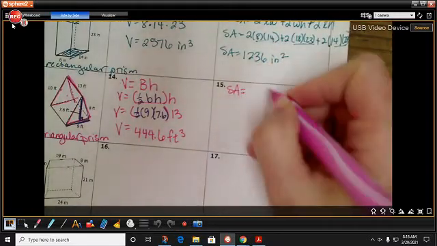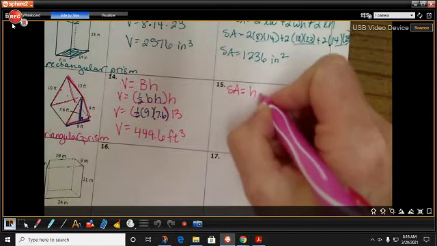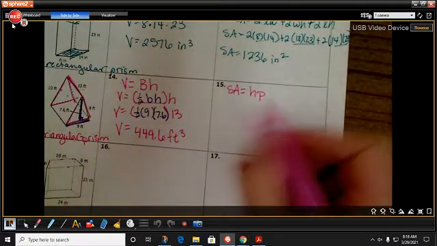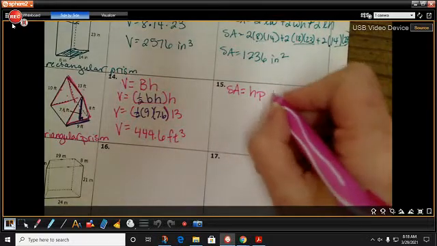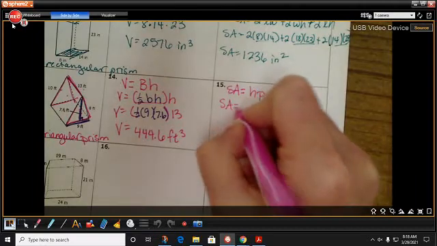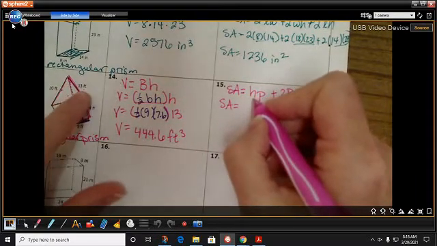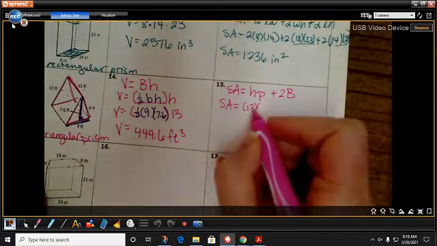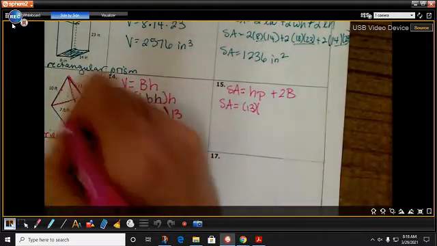For your surface area, you're going to have your height times your perimeter, which gives you the 3 rectangles around the outside. That's your lateral area, plus whatever the 2 bases are. I know that the height of my prism is this 13 feet right here. And then the perimeter is going to be the perimeter of the base.